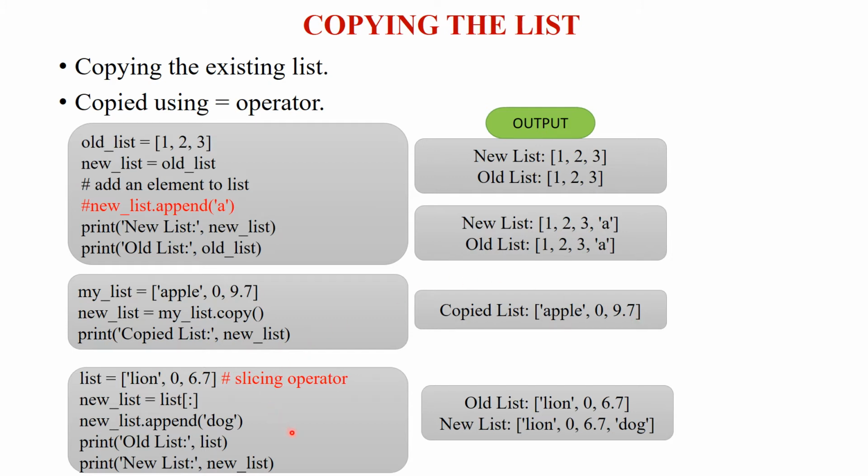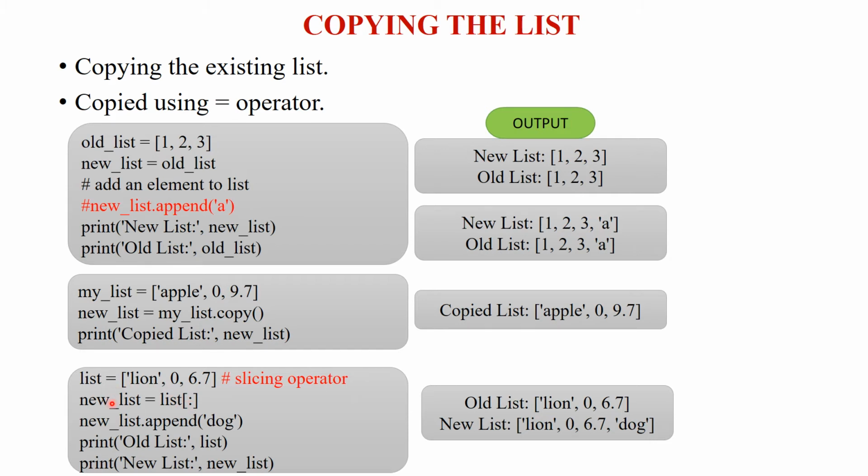Then I'm going to use the slicing operator for copying the list. If I don't mention any starting index or ending index value, all the elements in the list will be retrieved and copied to the new list.